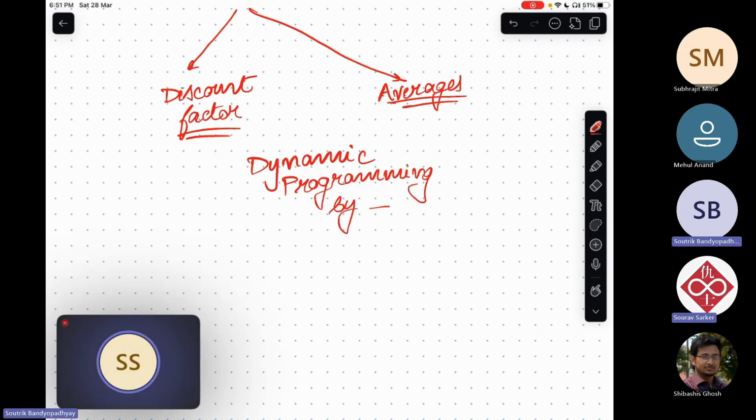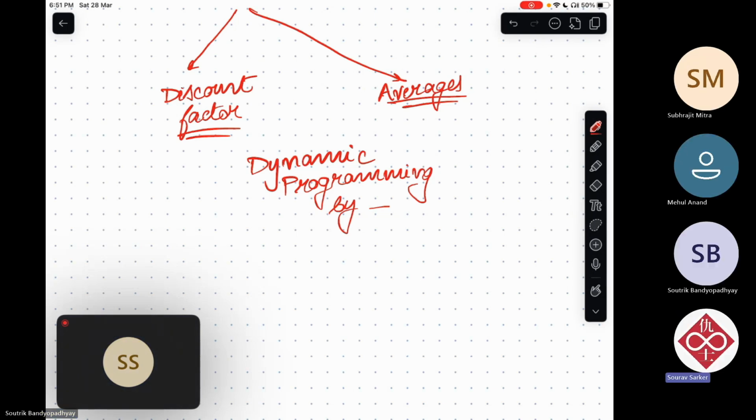It's not specific to RNNs or anything else, it's a very famous book. It's by Bertsekas, yeah, Bertsekas.